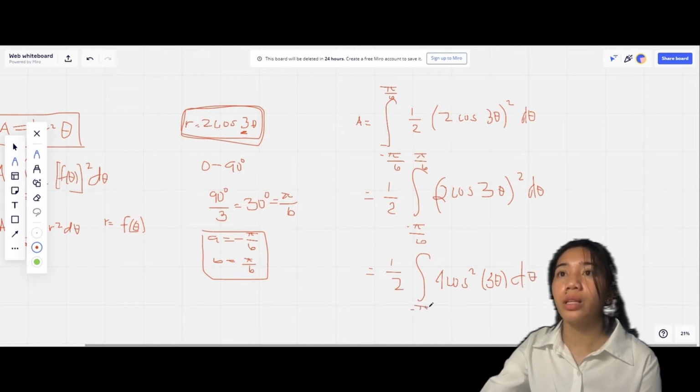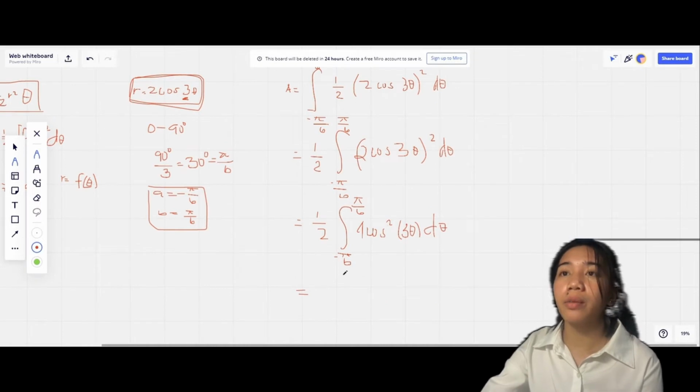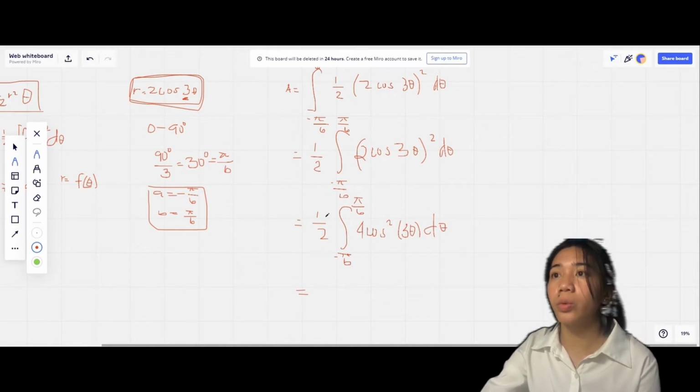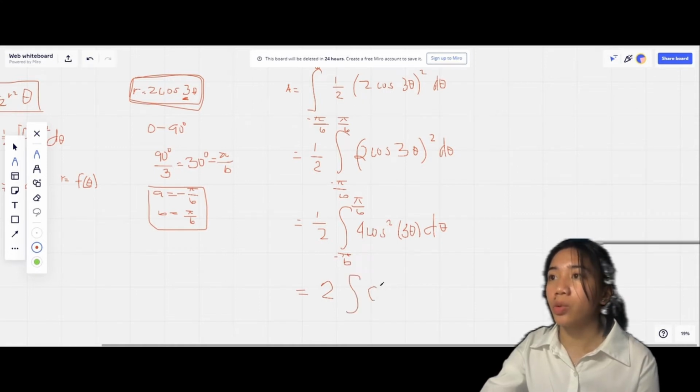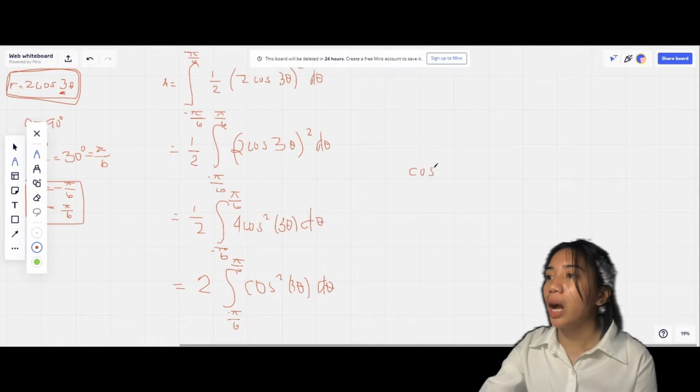Okay, again, so we will just put the constant, which is 4, outside the integral. So 4 times 1/2 is equal to 2. So we will just put 2 here, and then the integral of cosine squared 3 theta d theta. Recalling the power reduction identity, cosine squared theta is equal to 1/2 times 1 plus cosine 2 theta.